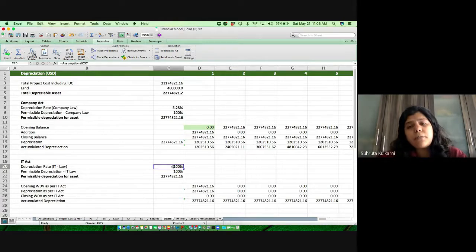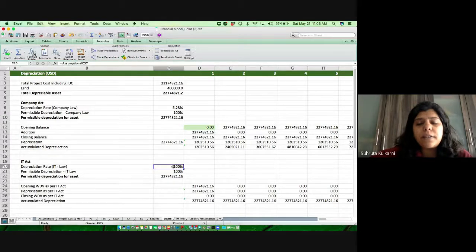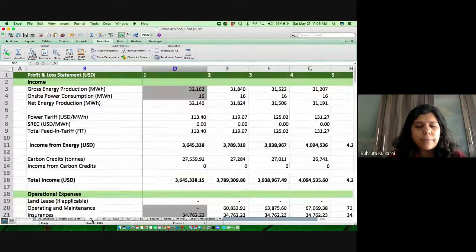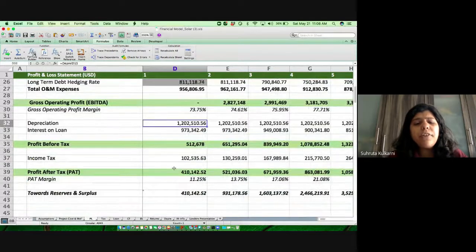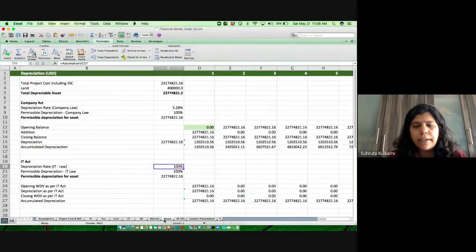What is the benefit for me as a project owner? That in the first year itself, I am showing a loss. Let me take you to the P&L. If I'm showing a lesser profit because of depreciation, then the tax that I have to pay is less. That is what helps me as a project owner.